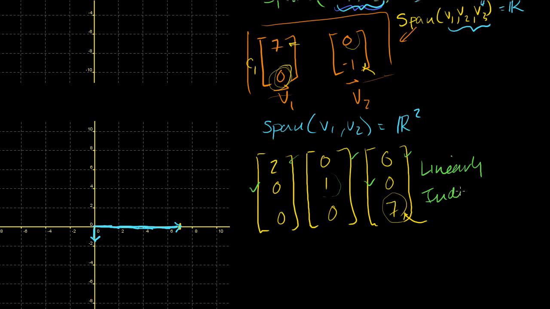And if you were to graph these in 3 dimensions, you would see that these three do not lie on the same plane. Obviously, any two of them lie on the same plane. But if you were to actually graph it, you get 2, 0, 0. Let me say that that's the x-axis. Then you have this 0, 1, 0. Maybe that's the y-axis. And then you have 0, 0, 7.